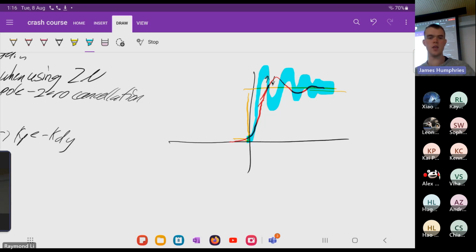So that's why it can be used to reduce the overshoot without significantly affecting the speed. Because it might be slower to get to that value, but then the overshoot's less. Or it might be faster to get to that peak value, but it won't settle because it's basically trying to stabilize itself faster. Does that make sense?